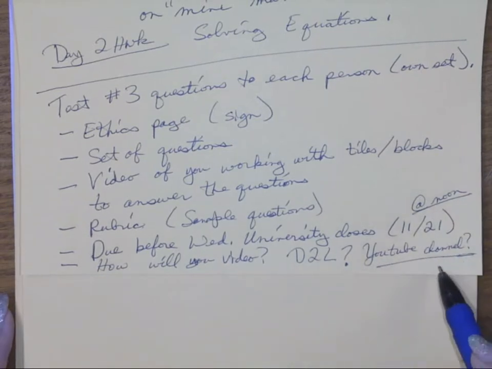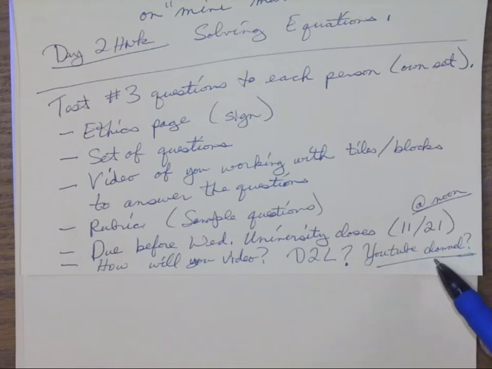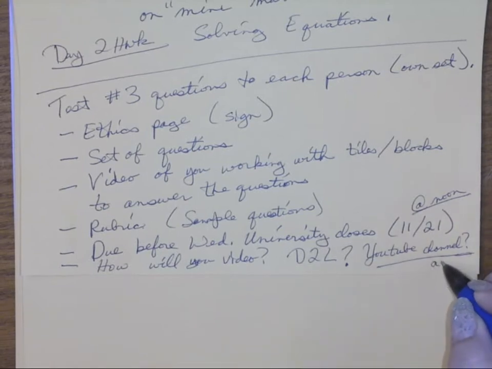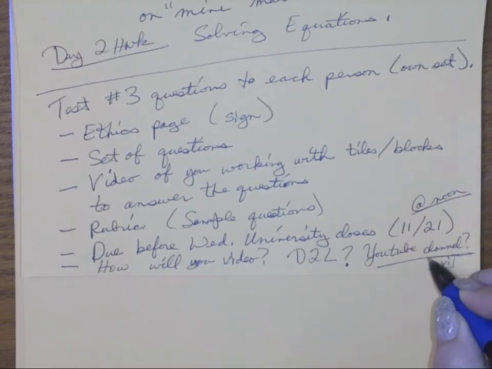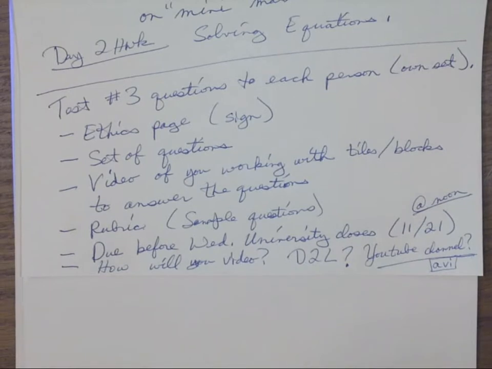If you're having troubles getting into D2L, it might be easier for some of you to use YouTube, and that would automatically convert your video into a format that is easy for me to see. I know my formatting on the document camera is an AVI. That's the file type that it saves as, and YouTube does all the conversions for me, no problem.